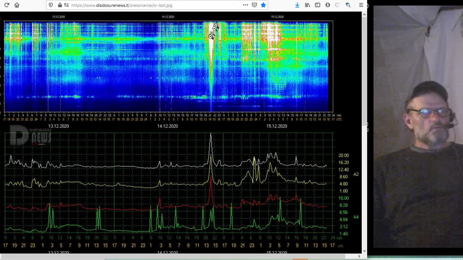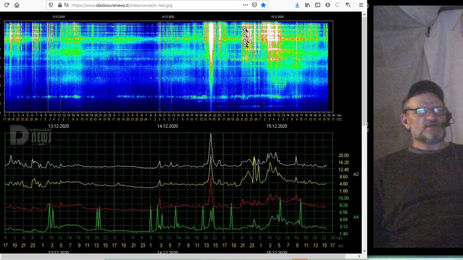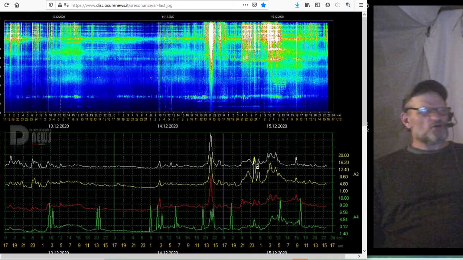When we're looking at white here, this is the white mode. This spike is an amplitude spike. Same thing as this. These are spikes in amplitude, even though you don't really find them here so much.